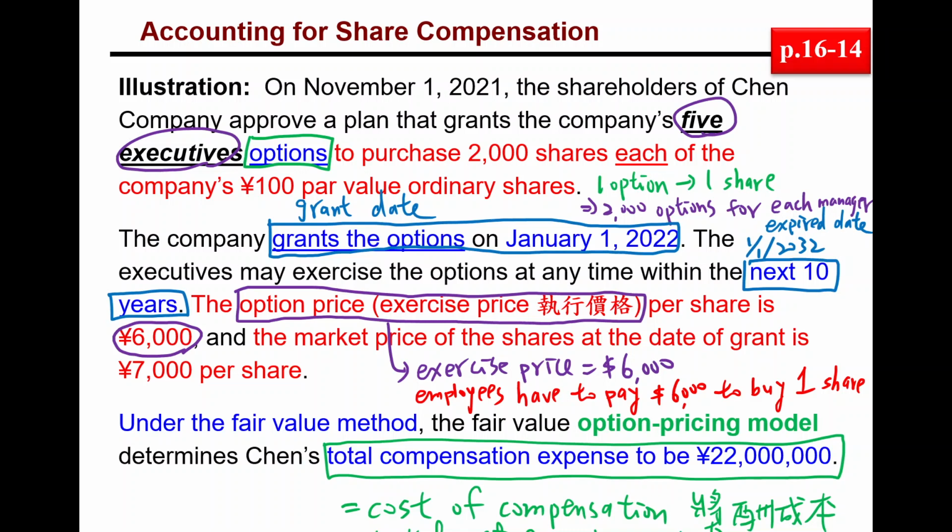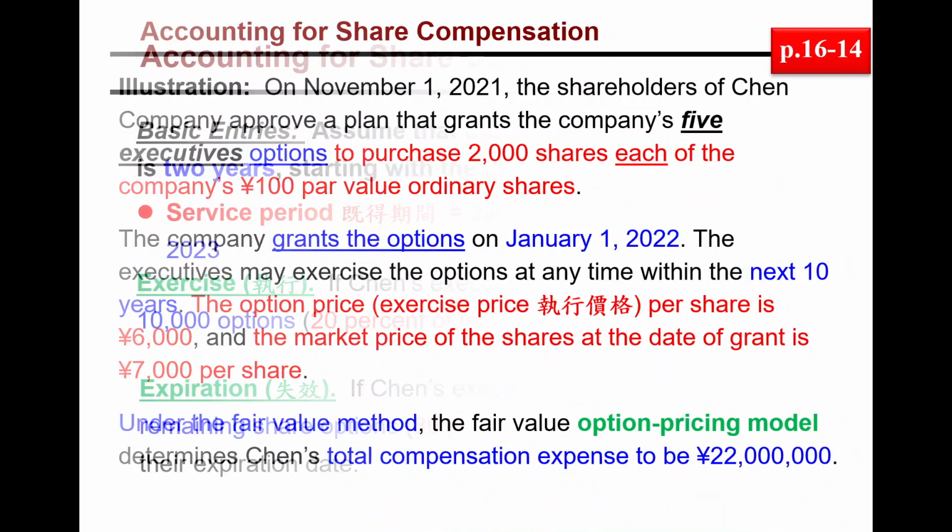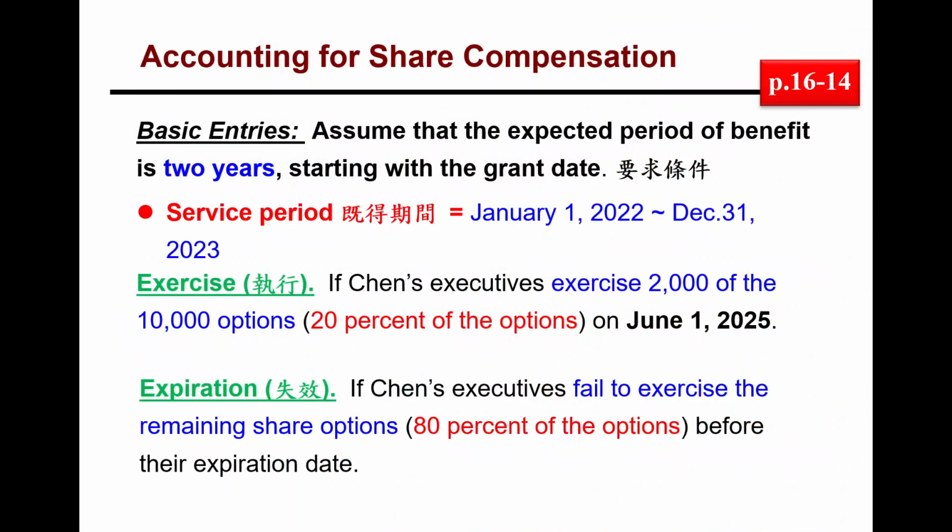So far, do we need any other information? We still miss some information. What's that? Vesting day, vesting period, right? Here, the next slide says to assume the expected period of benefit is 2 years.